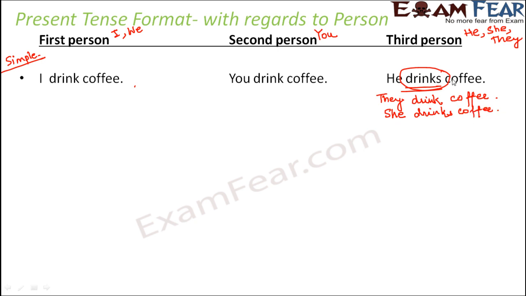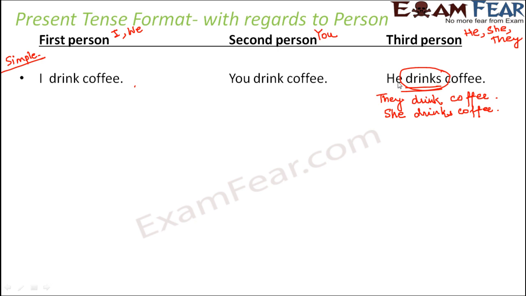So this form of the verb exists only with third person singular number. Otherwise, it would be drink. That's important. A lot of people commit mistakes on this. So normally the format is drink for first person, for second person, and for third person plural, but for singular number you have drinks.